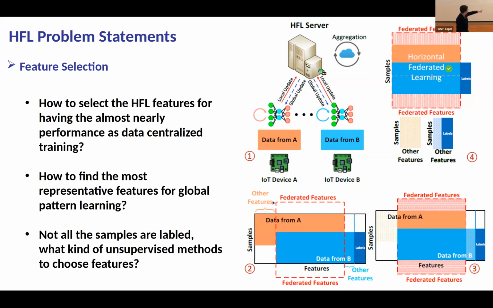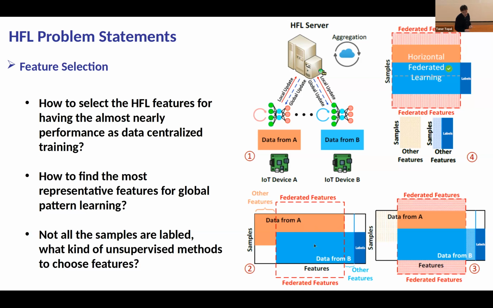First, we need to pick out the features which are not important, and then we need to find the important features within this red box, and how to find the real overlapping part of this horizontal part.